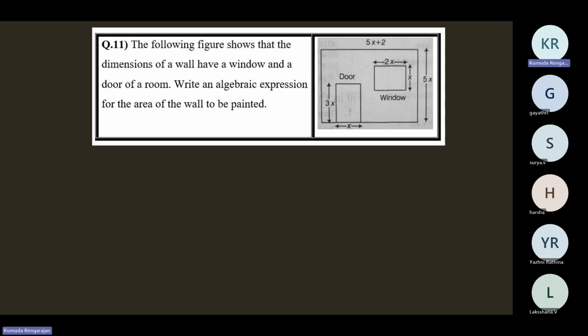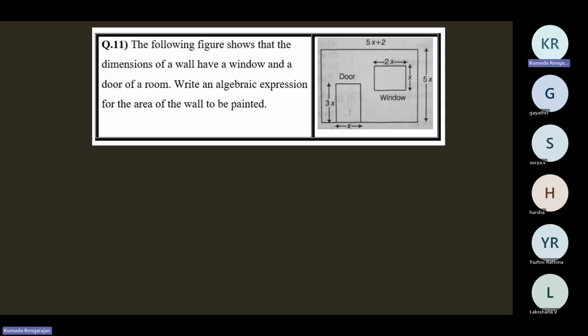There's only one wall. So the area of the surface of the wall is L into B. It's a rectangle. I'm saying one wall because in volumes and surface areas, we use the formula 2h into (L plus B) to find the area of 4 walls. So not to get confused with that.